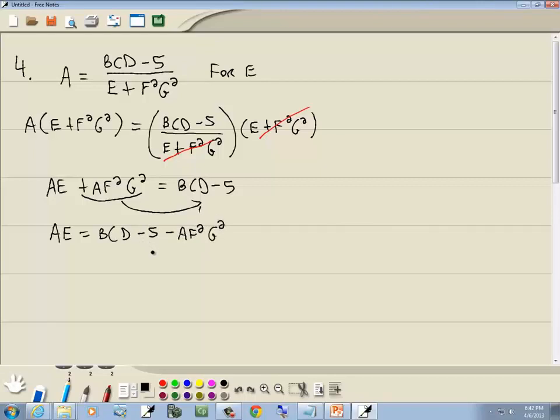Step 4, if the variable you're solving for is in two or more terms, factor it out. Well, terms are separated by pluses and minuses, so this is just one term. Step 5. Divide both sides by what's in front of or back of the variable you're solving for. We're solving for e, there's an a in front of it. So we'll divide both sides by a.